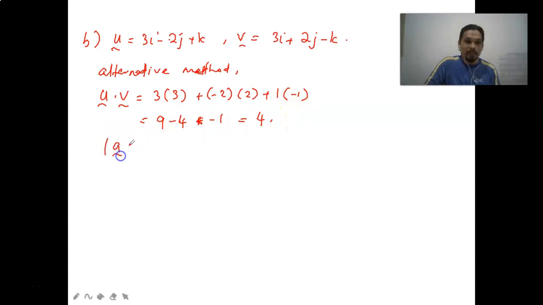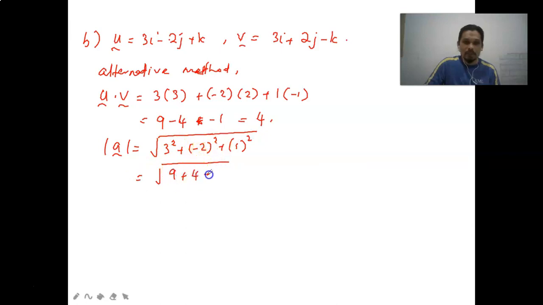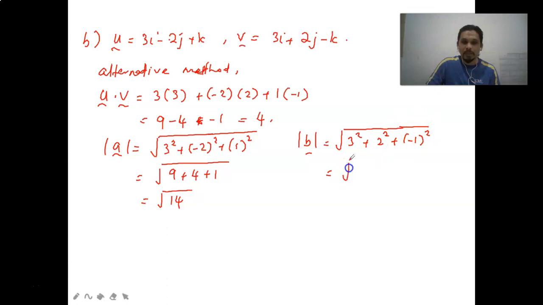The modulus of U is the square root of 3 squared plus negative 2 squared plus 1 squared. 3 squared is 9, negative 2 squared equals 4, and 1 squared is 1. 9 plus 4 is 13, plus 1 is 14. Then the modulus of V equals the square root of 3 squared plus 2 squared plus negative 1 squared. 3 squared is 9, 2 squared equals 4, negative 1 squared is 1, and 9 plus 4 is 13 plus 1, the square root of 14.